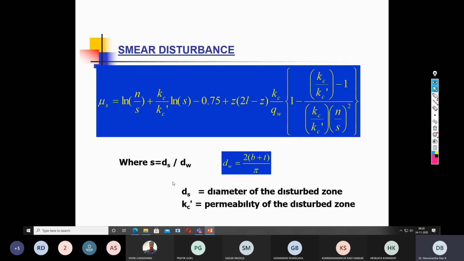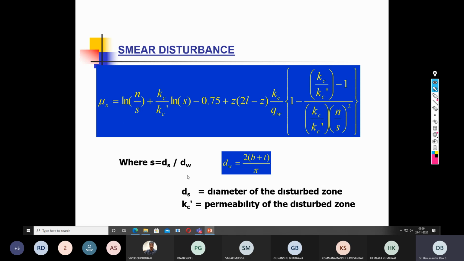And there are some other terminologies. Here there are two: one is N, next is S. N is defined as the diameter of the zone of influence divided by the diameter of the well.